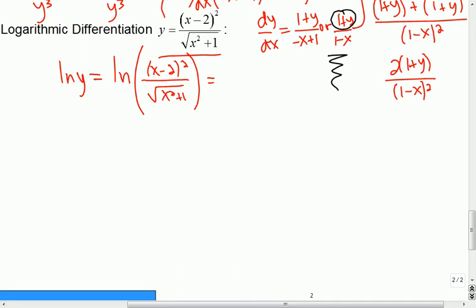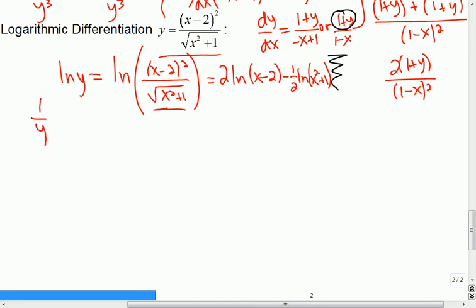So if I do this, I could split it into 2 times the natural log of x minus 2. And then I'd have to subtract 1/2 the natural log of x squared plus 1, because the square root has a 1/2 exponent. Okay? So if I take the derivative of both sides of my equation, the derivative of the log is a reciprocal.